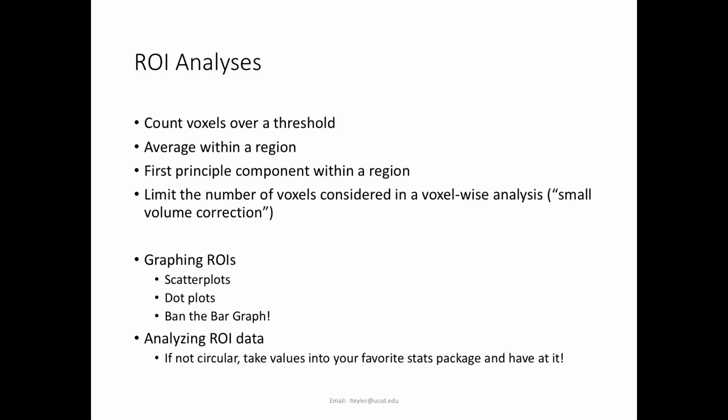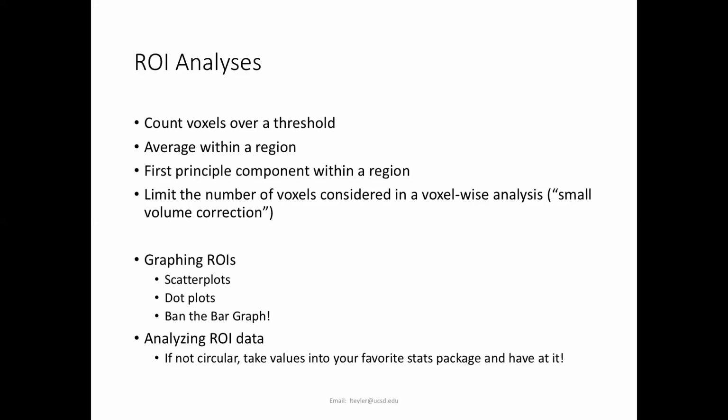And so you're like, I think I'm only interested in effects that are in this gyrus and not everywhere else in the brain. So I'm going to give myself a bonus in terms of power and not have to work so hard to correct for false alarms if I just look at this small part of the brain. So you might also just do it voxel-wise and not collapse at all within that.